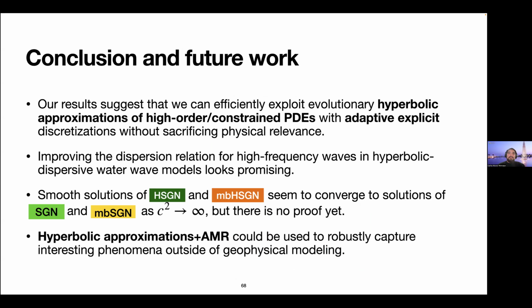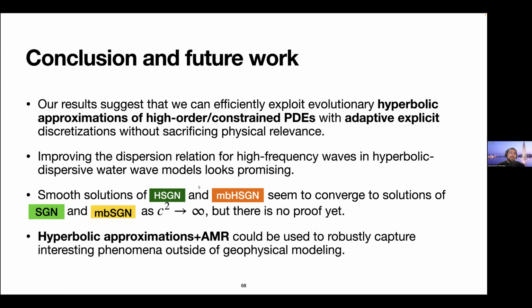As a conclusion, the hyperbolic approximation of dispersive water wave models seems like an interesting alternative, especially with AMR, because we can naturally use AMR with subcycling and whatnot and mapped grids without worrying too much about these high order terms and mixed derivatives.